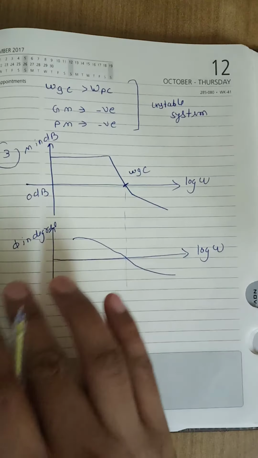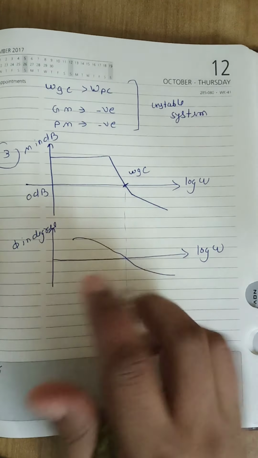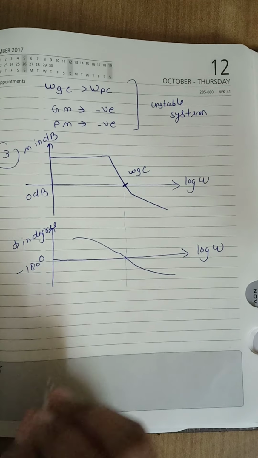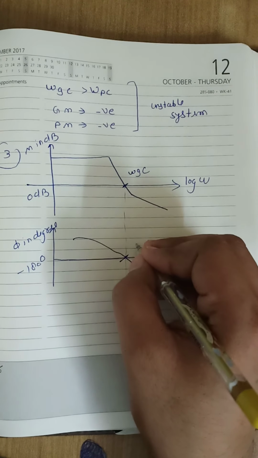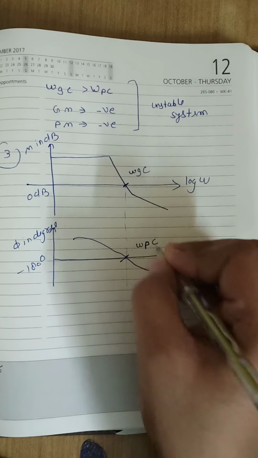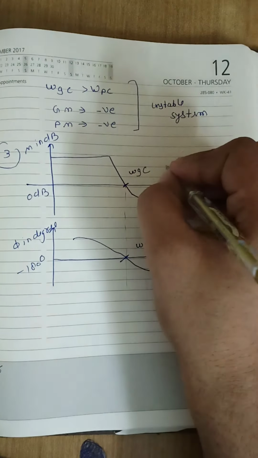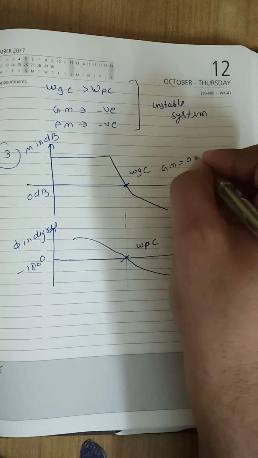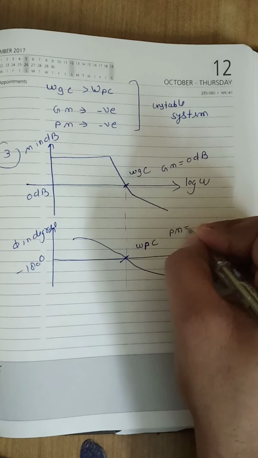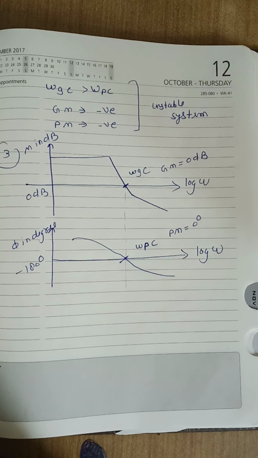The reference line in the phase plot means the minus 180 degree line. So here you can say gain crossover frequency is equal to phase crossover frequency. So you have 0 dB gain margin and 0 degree phase margin.